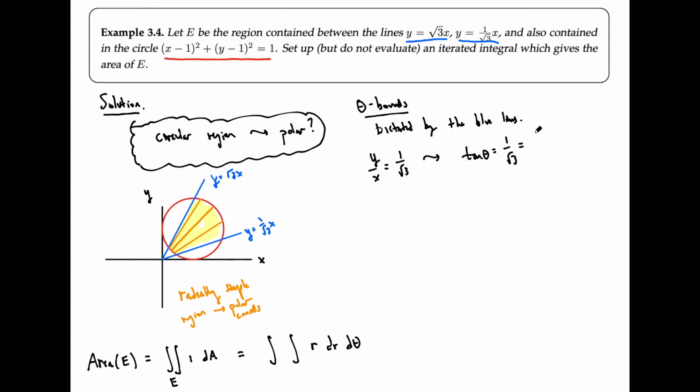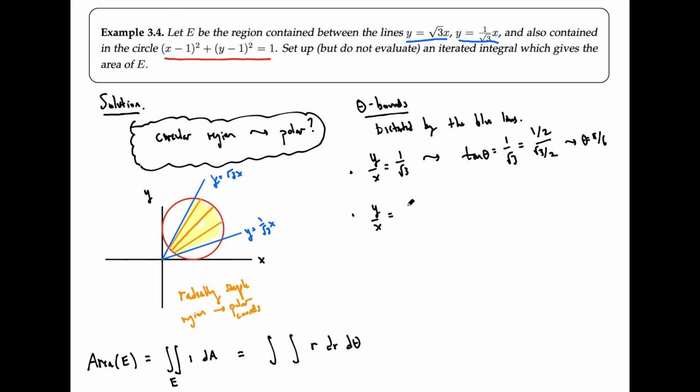And then similar to the trick that I talked about in the previous example, I could cleverly think about this as being 1/2 over root 3 over 2, sine over cosine. And it's easier for me to see now that theta should probably be pi over 6. So there's our theta bound.